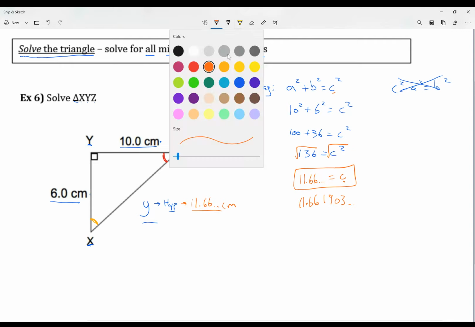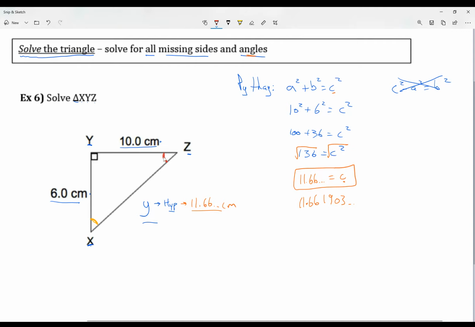So let's take a look and try and solve for angle Z here. Think about SOHCAHTOA.